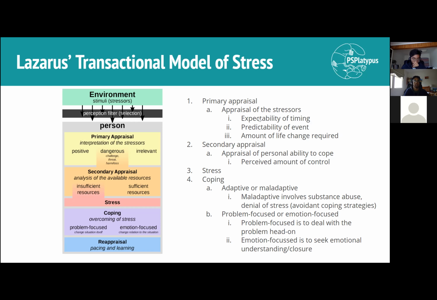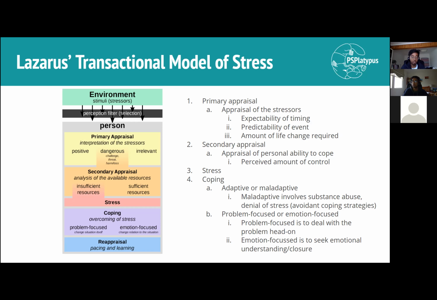For example, if you expected this event and it's predictable, then it's not going to be as significant a stressor. If the stressor does not require a lot of life change, and it's just a small, minute thing, then it's not going to be a significant stressor. But yep, that's primary appraisal.